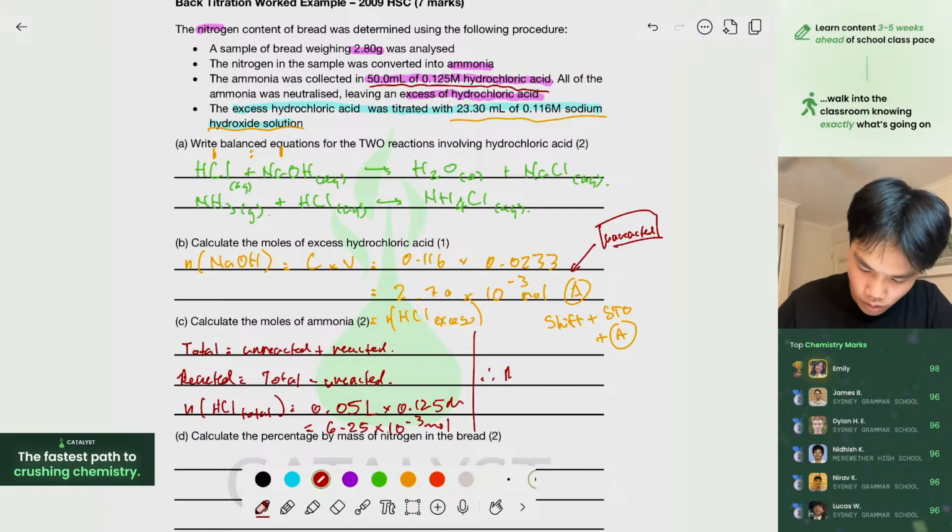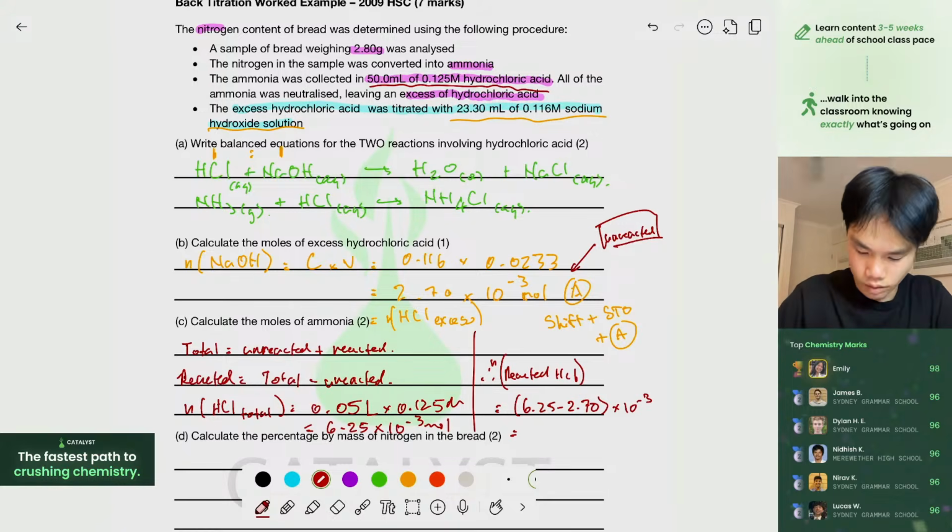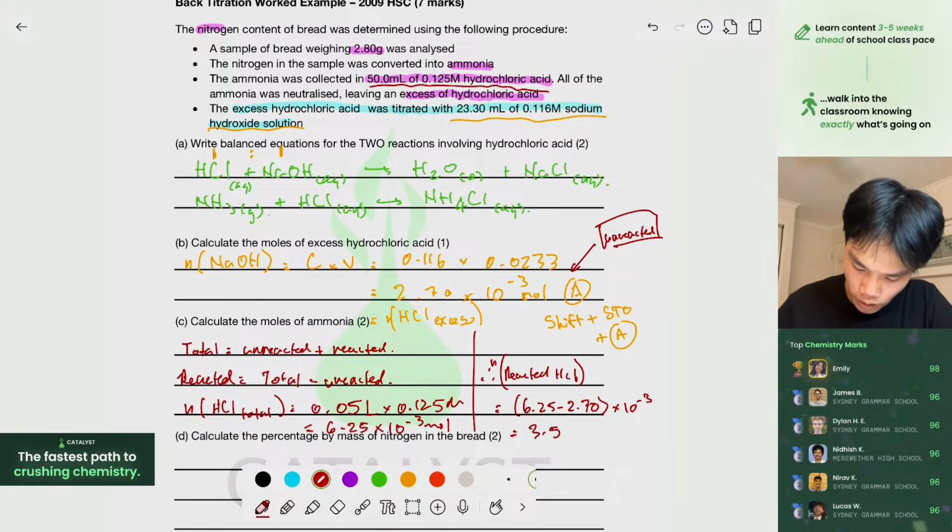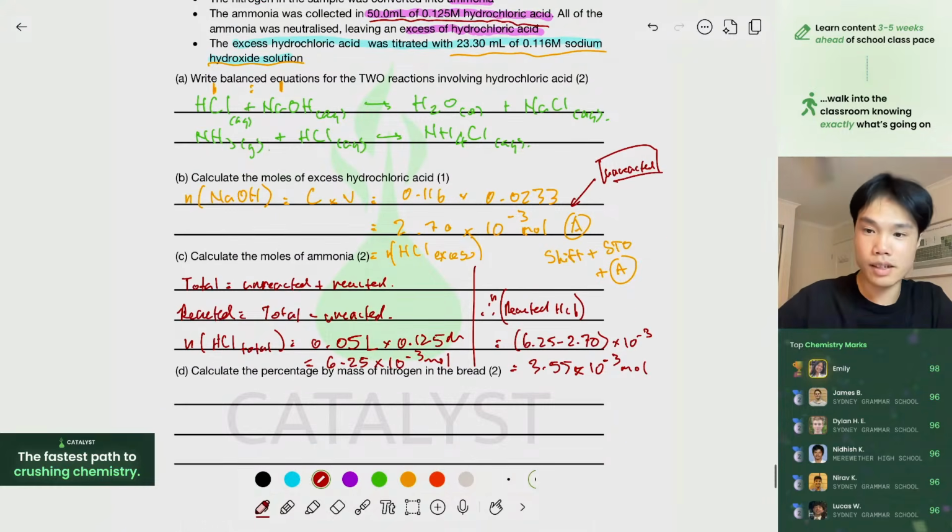Therefore, reacted HCl moles is equal to 6.25 minus 2.70 times 10 to the negative 3, which is equal to 3.55 times 10 to the negative 3 mole.